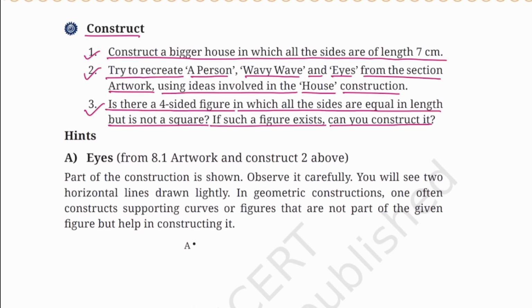Yes, you can construct it. You can draw a side of any length like this. Take this length on the compass using a scale. Draw an arc like this, and like this.